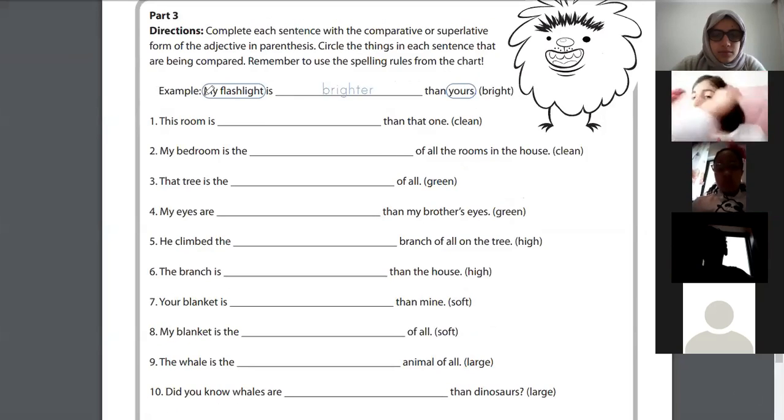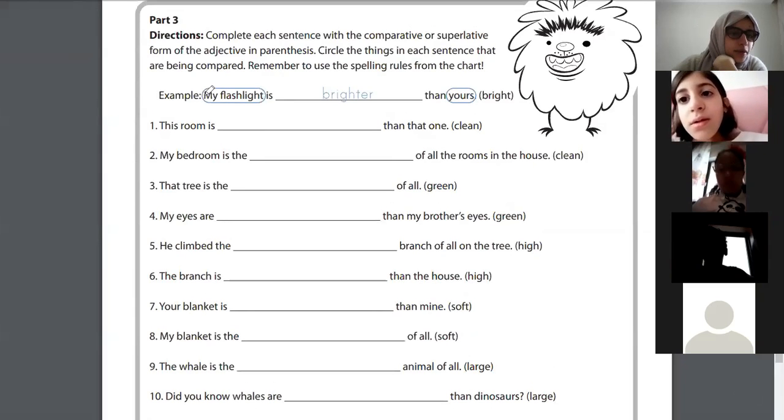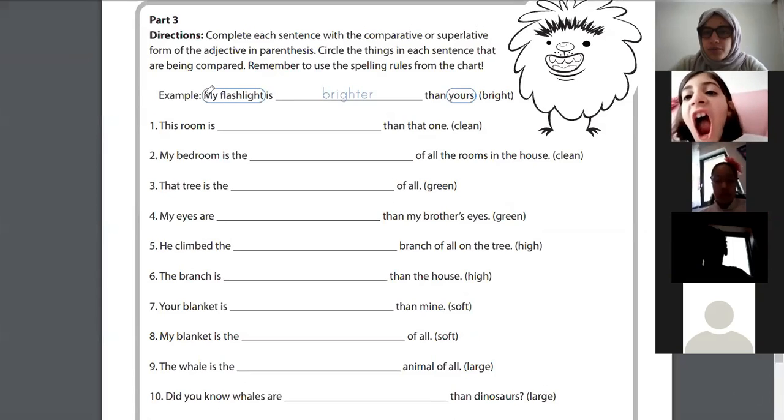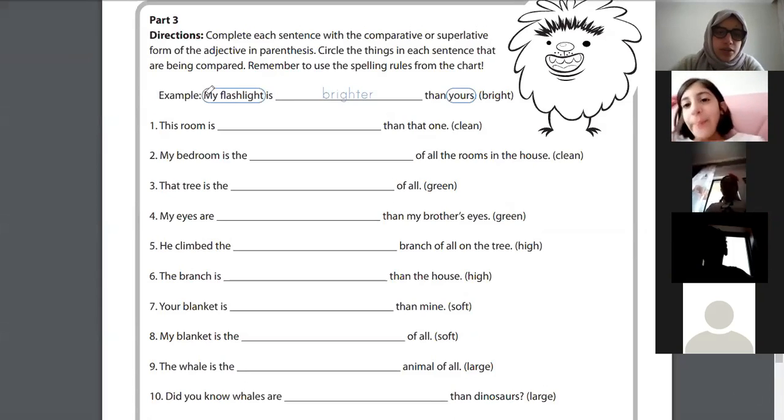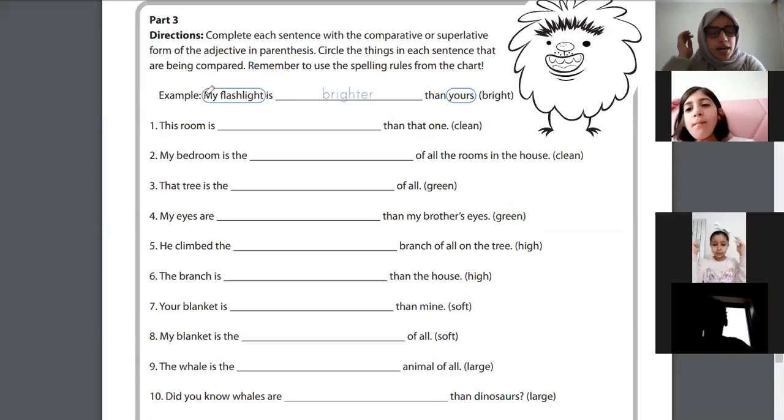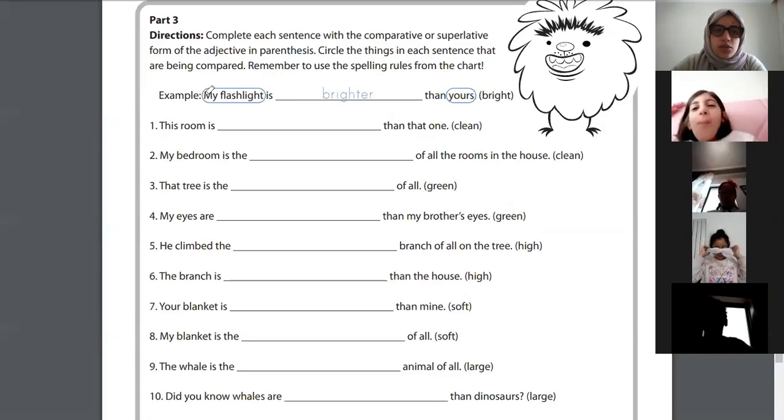Okay. Who wants to help me with the next one? Let's see, someone who still didn't participate. I'm going to read the example first, and then I'm going to give you a chance. The first example here is saying, my flashlight is brighter than yours. So I'm comparing between my flashlight and your flashlight, only 2 things.